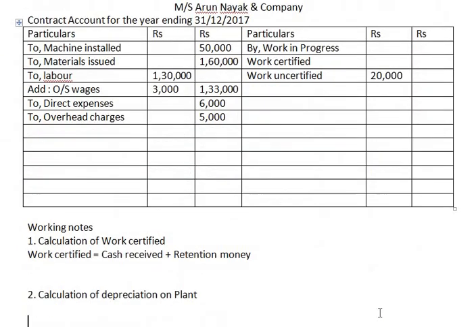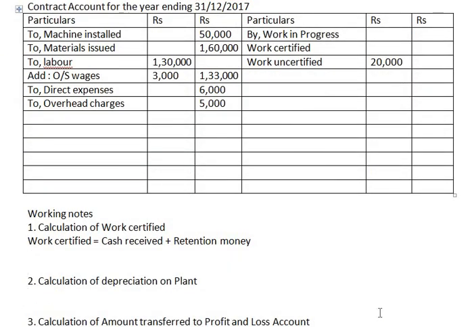Now leave some lines and take down the first working note, calculation of work certified. The formula to calculate work certified is cash received plus retention money. Cash received is already given in the problem, right?